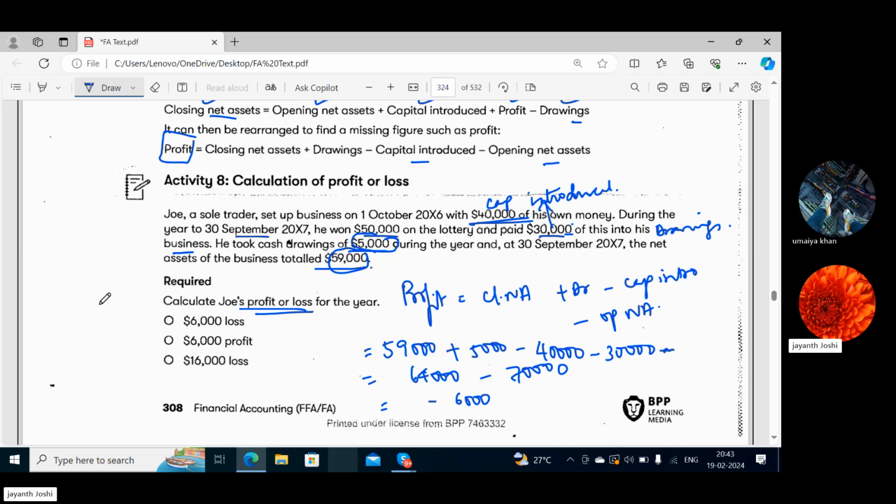That means the business has incurred a loss of 6,000. Clear? See, closing net assets is 59,000. Amount of drawings is 5,000. Capital introduced 40,000, and further he has introduced 30,000 out of his personal money. And there's no opening net assets because this is the first year of the business. He has set up the business. So no opening net assets. The profit figure is coming in negative, that means it's a loss. So 6,000 is our loss. Clear?